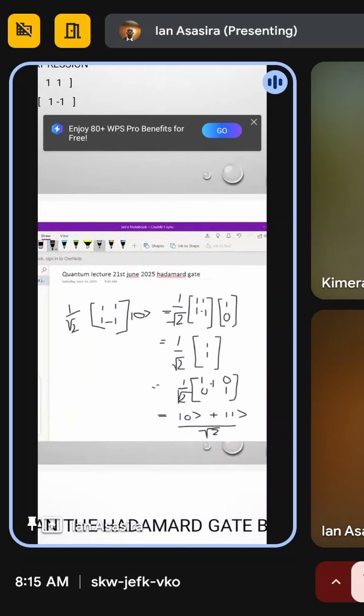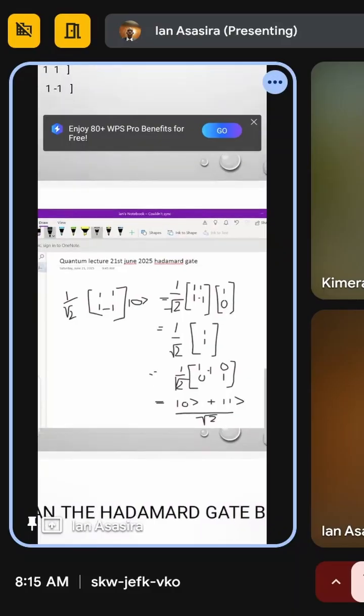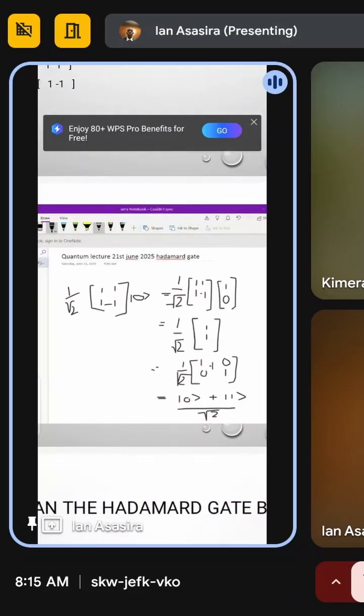When you do the math, dealing with these square brackets first, on the right-hand side we get 1 over root 2 times the vector 1, 1. After multiplying, we separate that 1, 1 and get 1, 0 plus 0, 1.